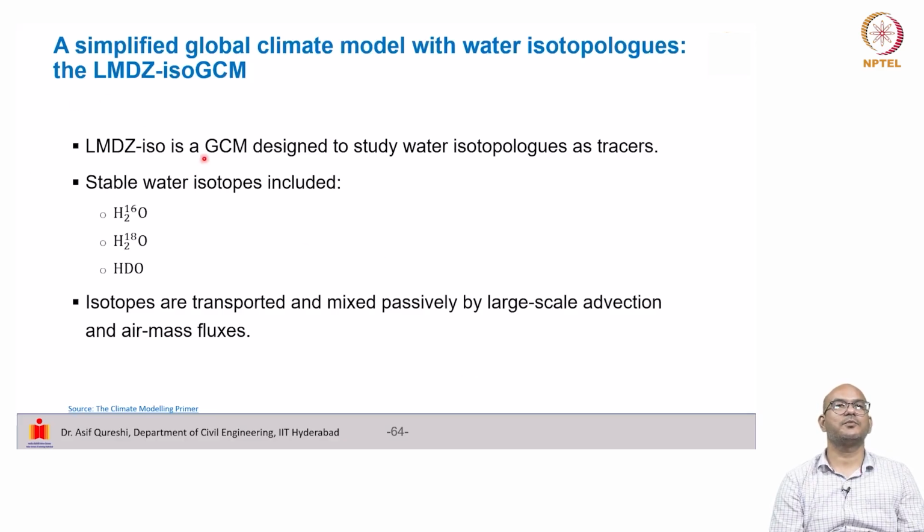So, this particular model is a GCM designed to study water isotopologues as tracers, which are stable isotope waters, which include H216O, H218O, HTO. Isotopes are transported and mixed passively by the large scale advection and the air mass flux. So, we introduce these isotopes and let them mix and transport.